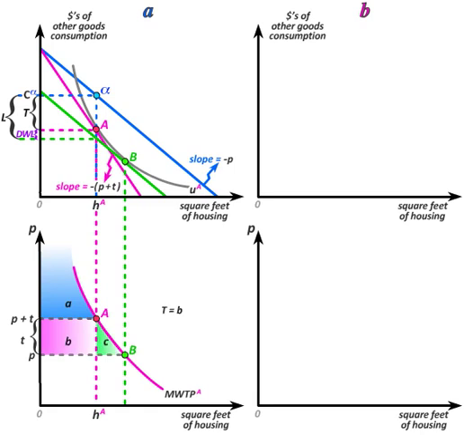Now we know that this consumer consumes at point A if the housing tax is imposed. Thus we know the consumer consumes HA square feet of housing under the housing tax, and little t is just the tax payment the consumer makes for each of the square feet of housing that she consumes. Thus, little t times HA is equal to the total tax payment that she makes.